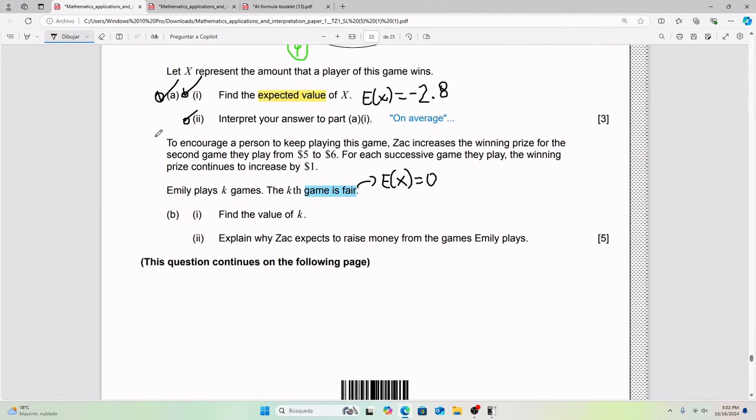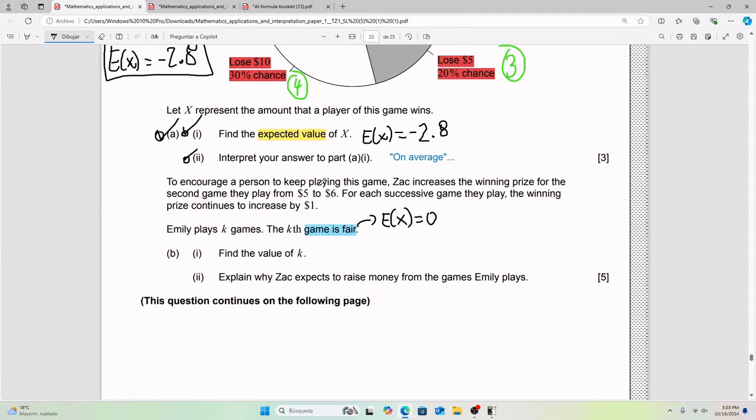Then they tell us that to encourage a person to keep playing this game, Zach increases the winning price for the second game they play from $5 to $6. For each successive game they play, the winning price continues to increase by 1.